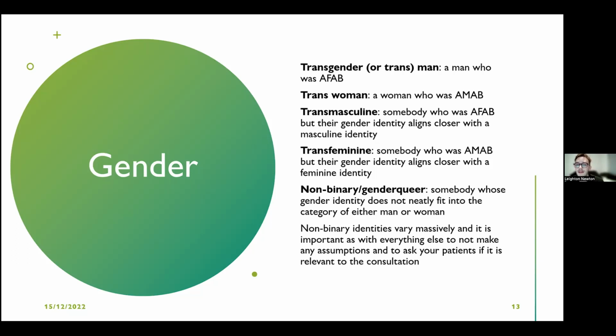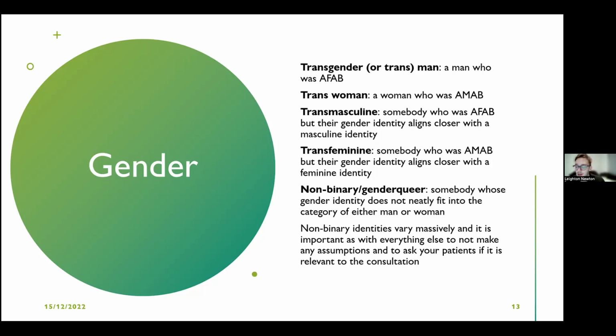It can be a trans masculine non-binary person. For example, trans feminine, the other side. So someone who's assigned male at birth, but their gender identity aligns closely with a feminine identity. And like I said, trans women are trans feminine, but not all trans feminine people are trans women.